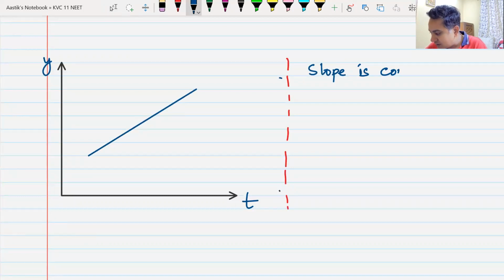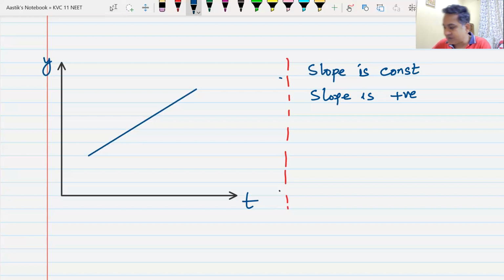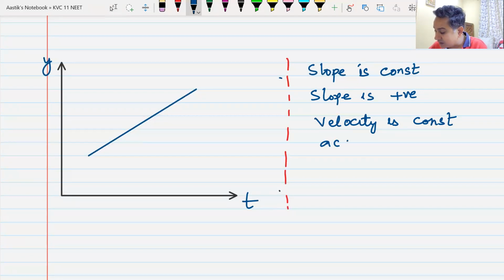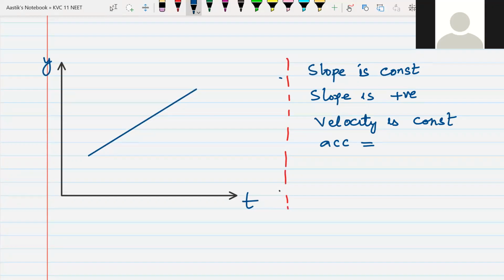The slope is constant. It's a straight line. Slope is constant. What else you can say about the slope of this graph? Slope is positive, yes or no? Do we see that it has a positive slope? If the slope is constant, that means velocity is constant. Do we understand this? If the velocity is constant, that means what we can say about acceleration of the particle? 0, sir.